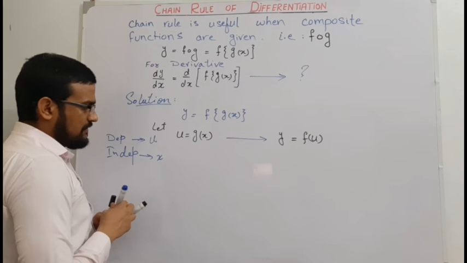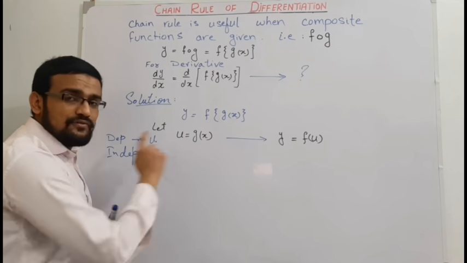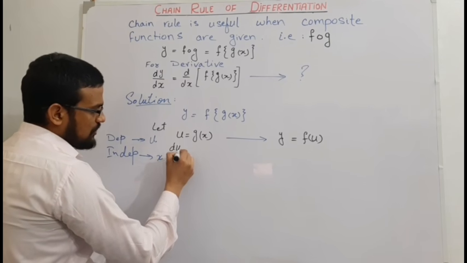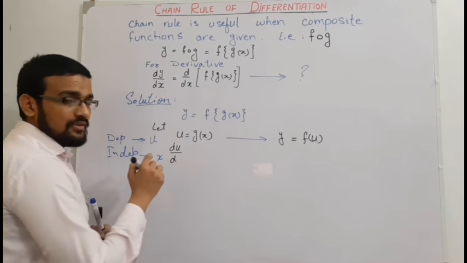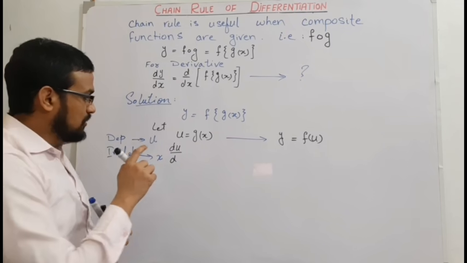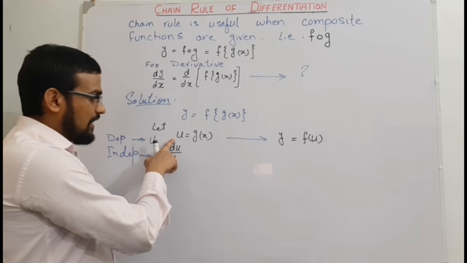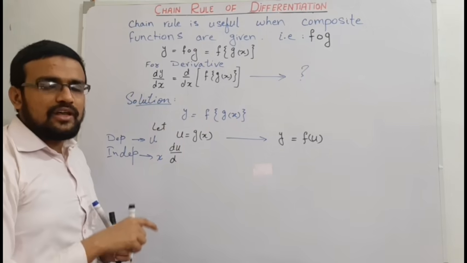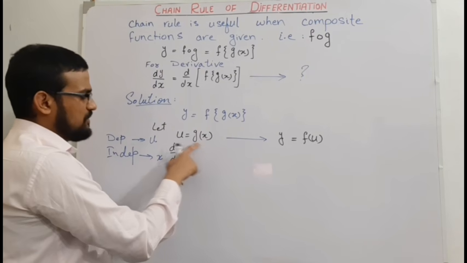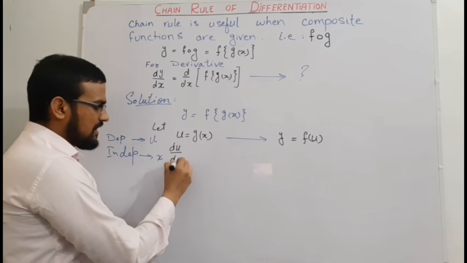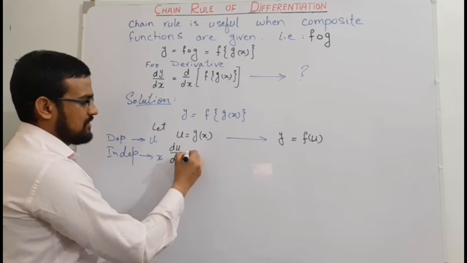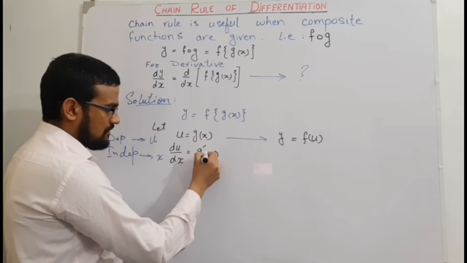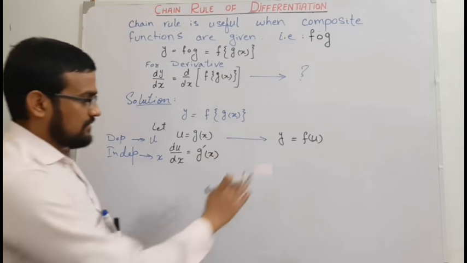So the derivative of this function becomes du over dx. In the previous lecture we also learned the derivative of the dependent variable with respect to the independent variable. It means du over dx with respect to x. Okay.